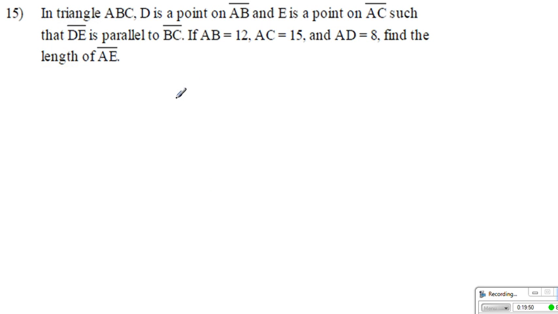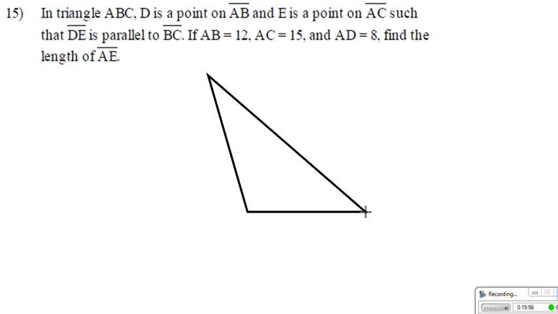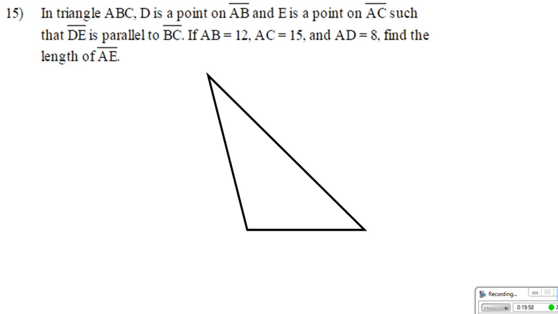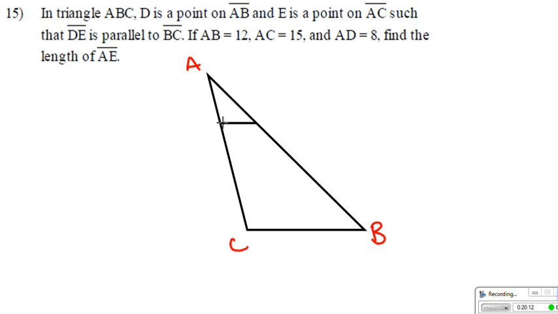Similar triangle as before. So here we have A, B, C, and my guess is this is AE and then D is on point AB.